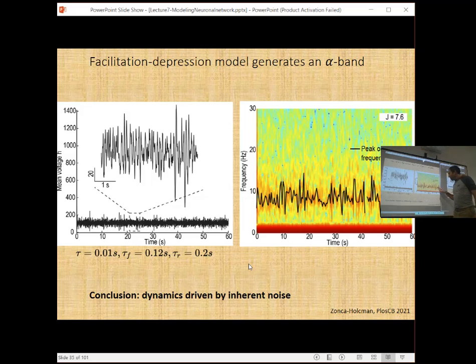We saw that indeed there is a dominant frequency of oscillations, which means that there is a possible alpha theta rhythm when you are in this depolarized state. That comes just as a nature of the interaction between synapses and the neuronal networks.